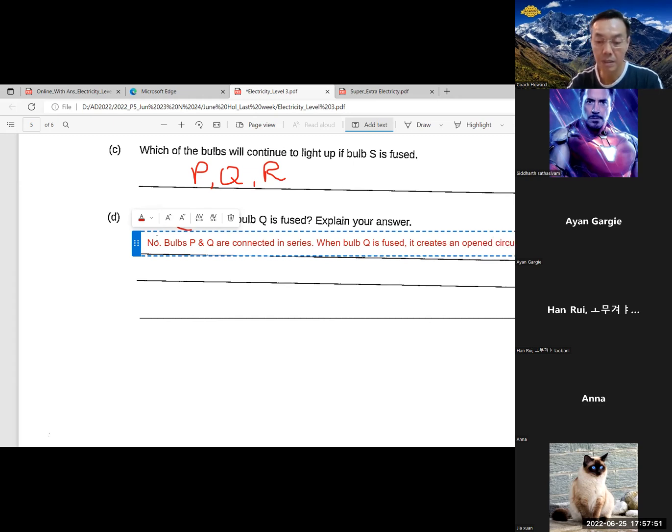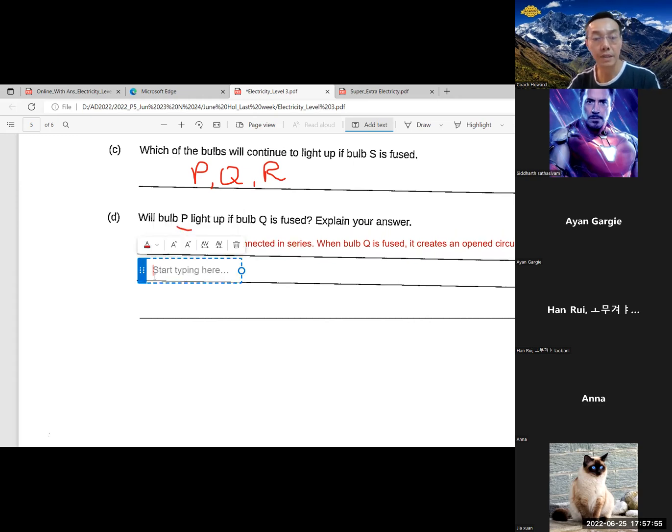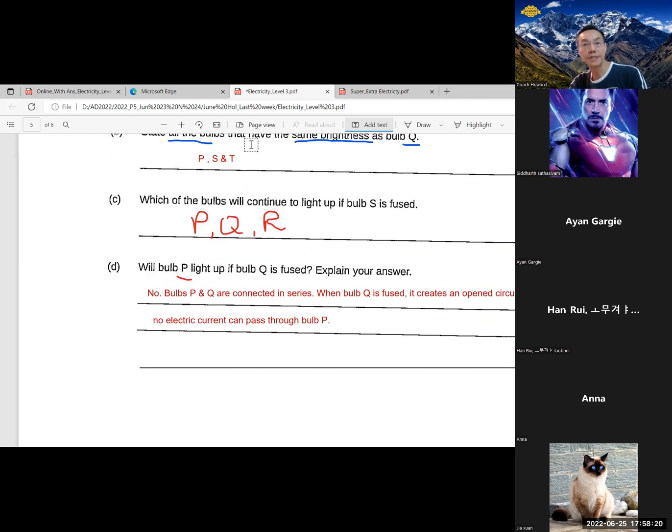So no electric current can pass through bulb P. So this is the answer for this page.